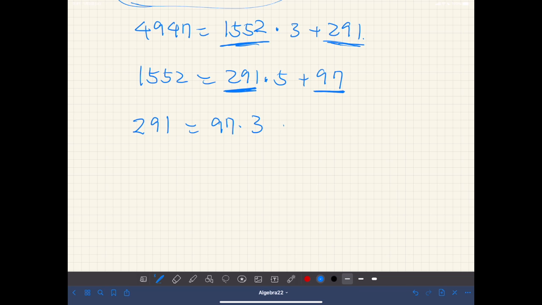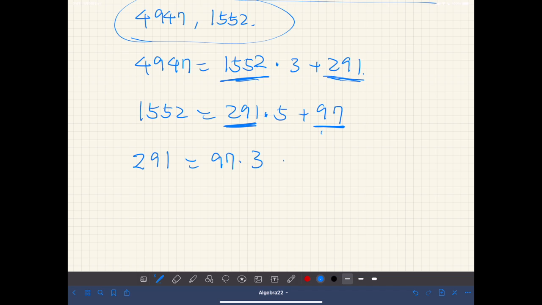And now we claim that 97 is the greatest common divisor. First, we should check that this is a divisor. The greatest common divisor is a divisor that is the greatest among all divisors, right? So first thing we need to check is that it is a divisor.